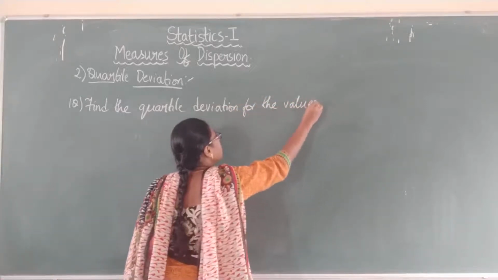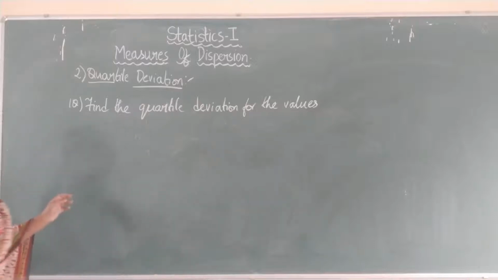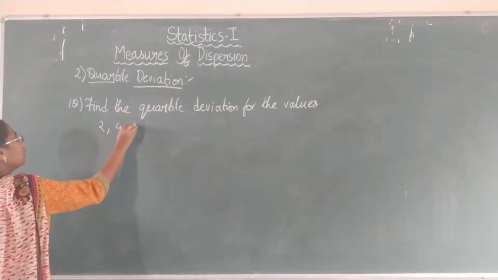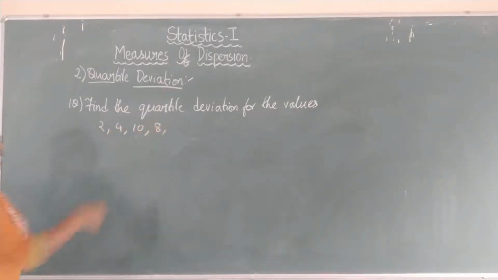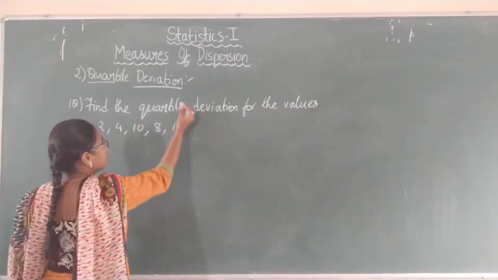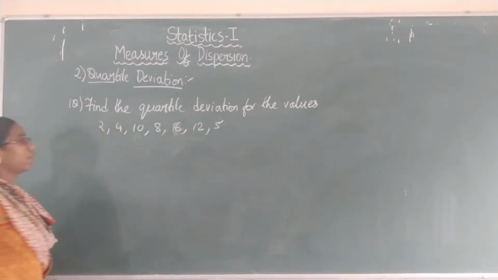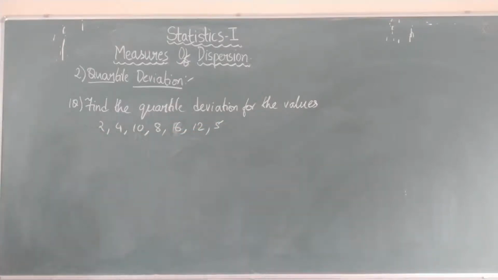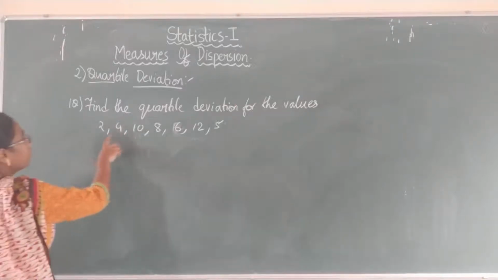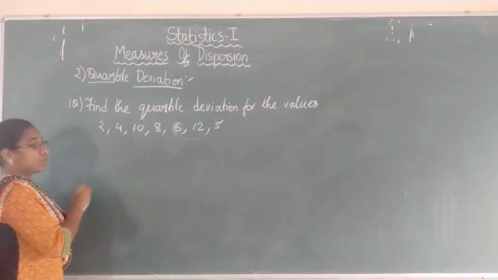The values are given as 2, 4, 10, 8, 6, 12 and 5. How many values are given here? In total, 1, 2, 3, up to 7 values are given.